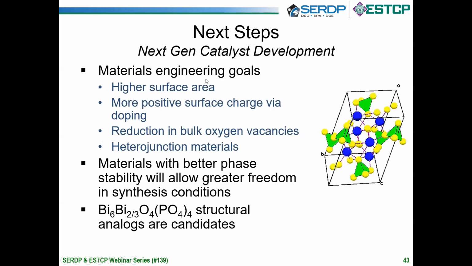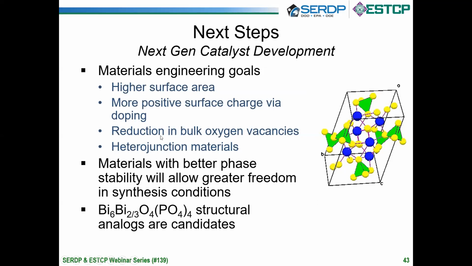Just a few final words on the next generation catalyst development. Our goals here, as far as optimizing the particles and the composition of the semiconductor, we want to achieve higher surface area and more positive surface charge so we can better attract PFCAs, and that can be done via doping strategies.